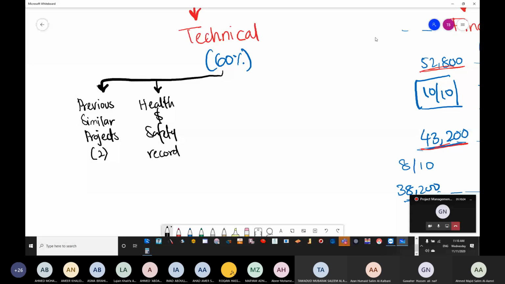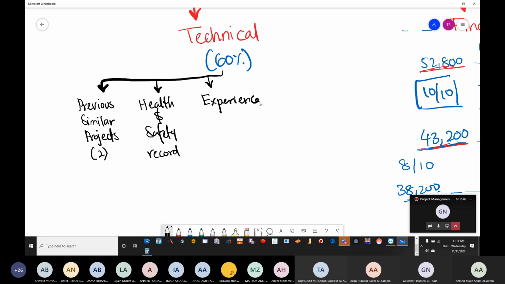Okay. Do we need to take into account the experience? The experience of the staff or the engineers working in that particular company.